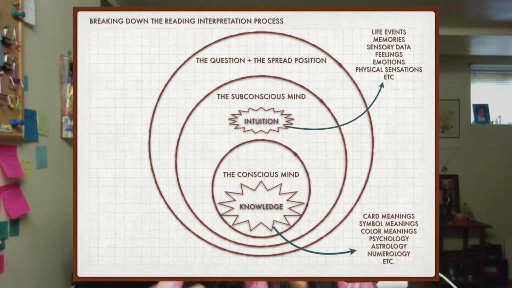And all of that is now read within the bigger, you can say, third circle, the one outside, within the question and the spread position. So it's going to be read in that context. But that's just the theory of it. Theory is theory, so let's practically see how that works.